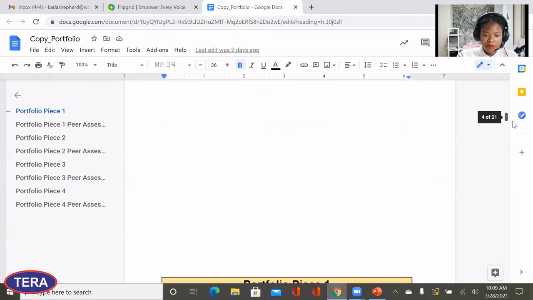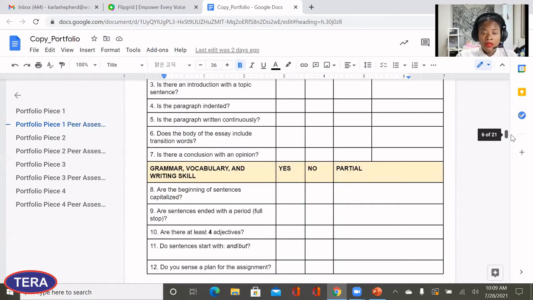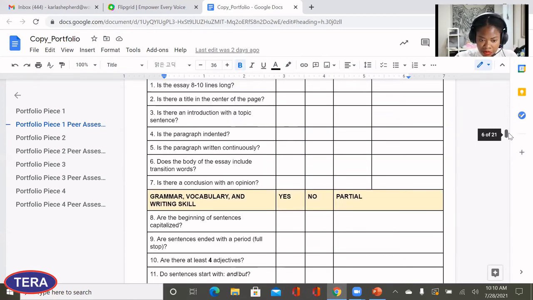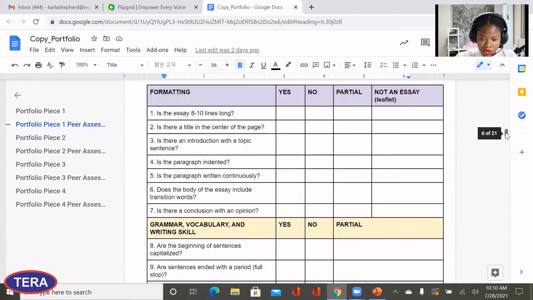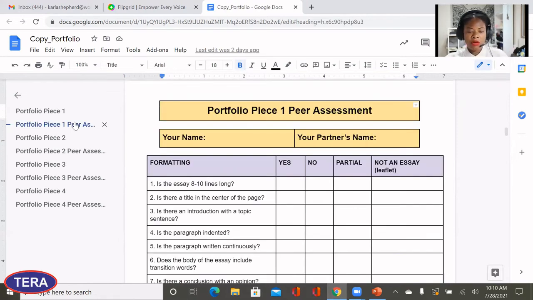And finally the final submission after they've been given feedback. Before they complete the final draft, the students are paired up.